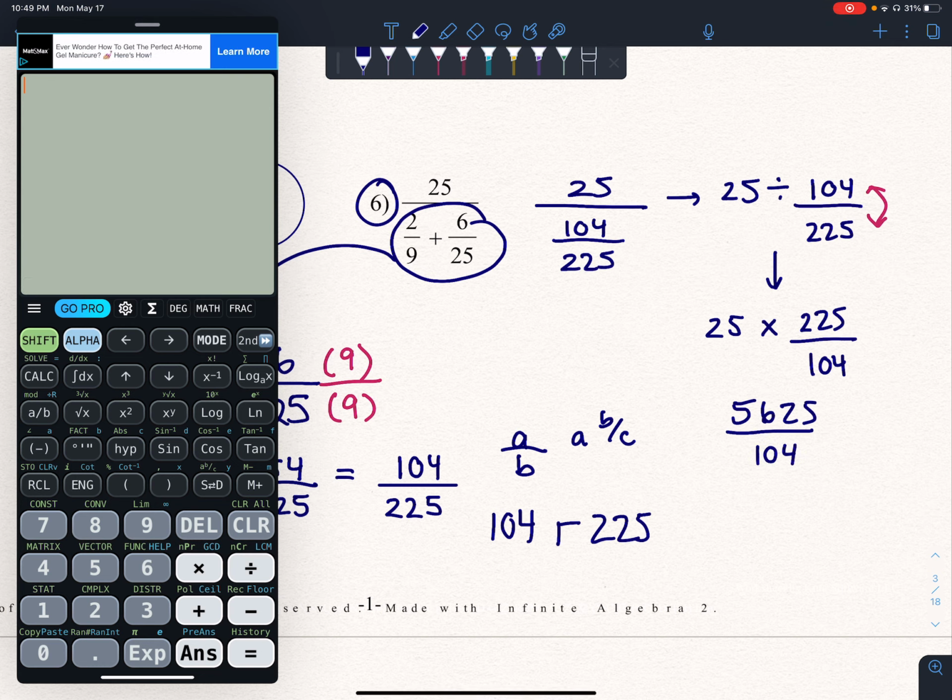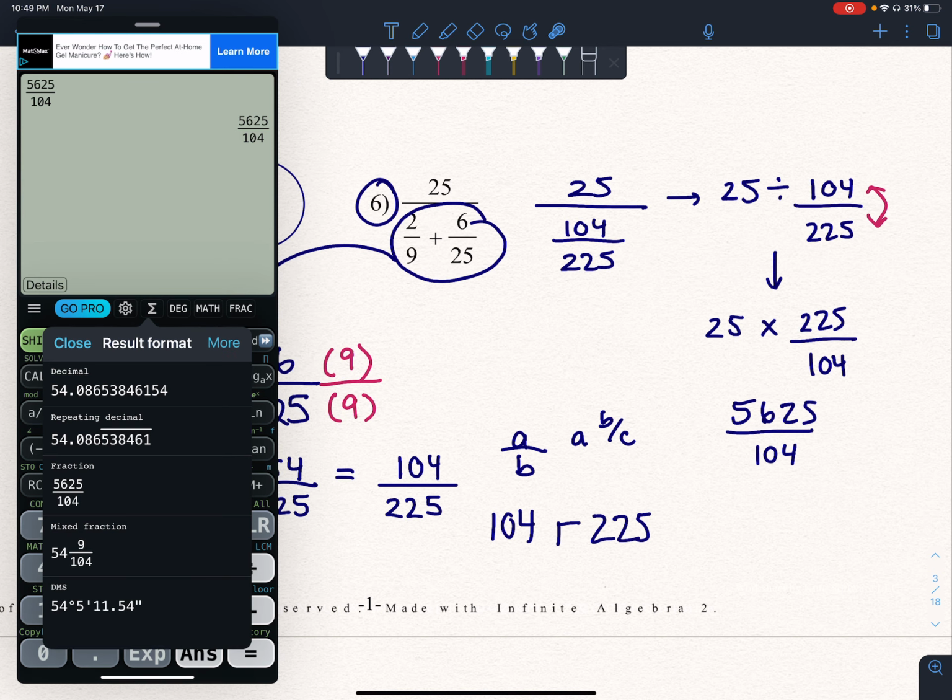And then in your calculator, you would type this in using your fraction button, 5,625 over 104, and your calculator will simplify it for you. This is not something you have to do manually. So over 104, you hit enter.